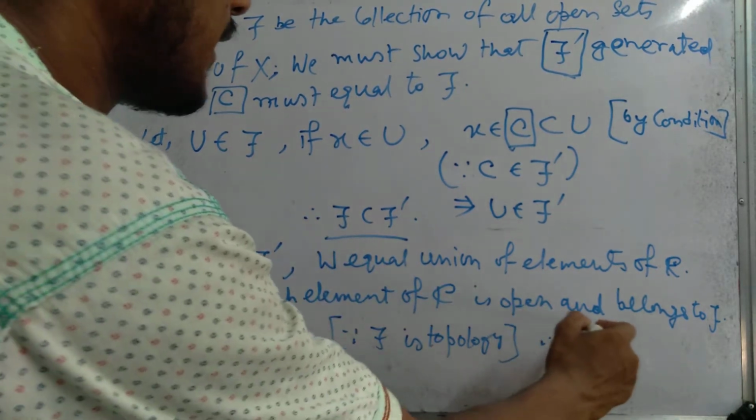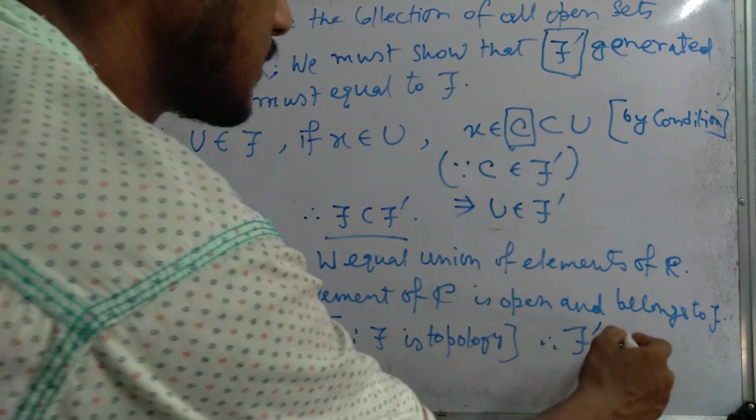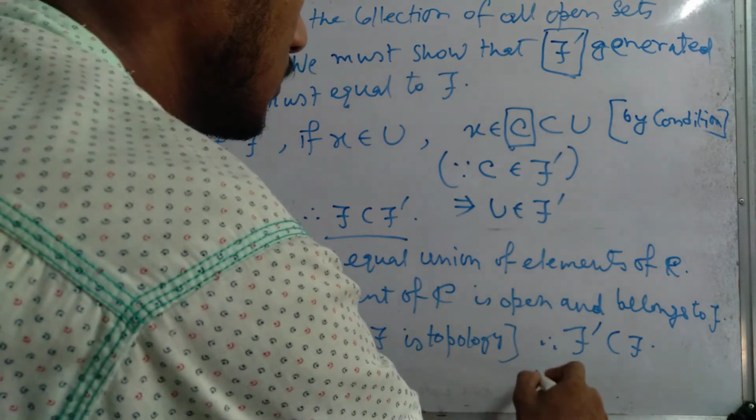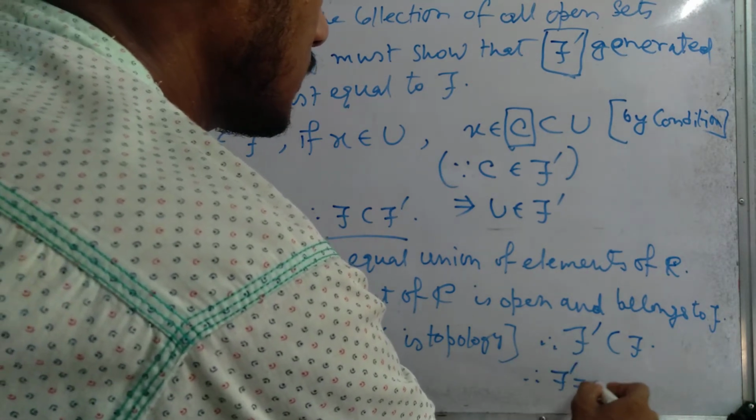So we find tau dash is a subset of tau. This implies that tau dash equals tau.